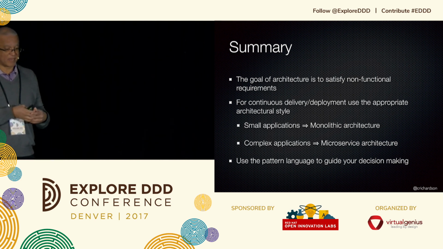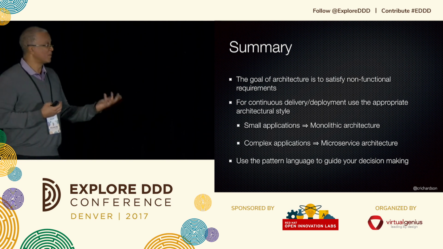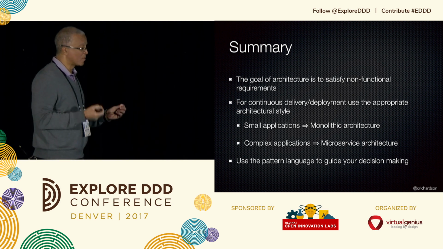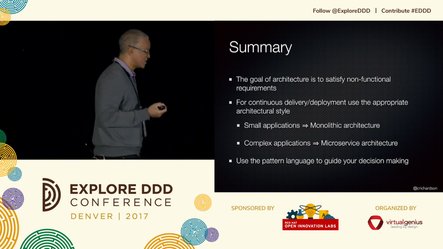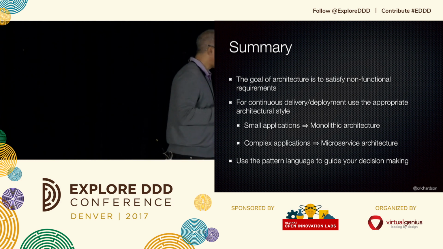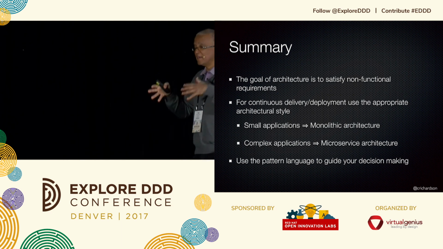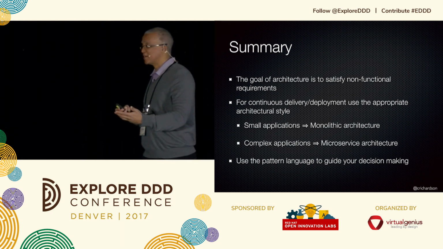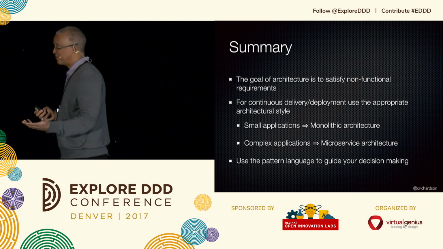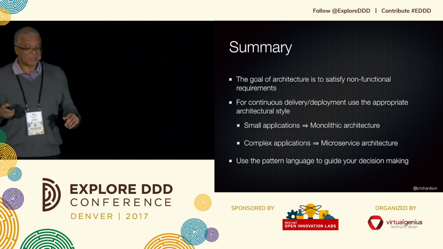It's not an anti-pattern. But for a large, complex application, you're probably going to end up using a microservice architecture, and you should use the pattern language to help guide your decision making, both in terms of which architecture to pick, and then, if you choose the microservice architecture, how to apply it effectively. So that's my talk.